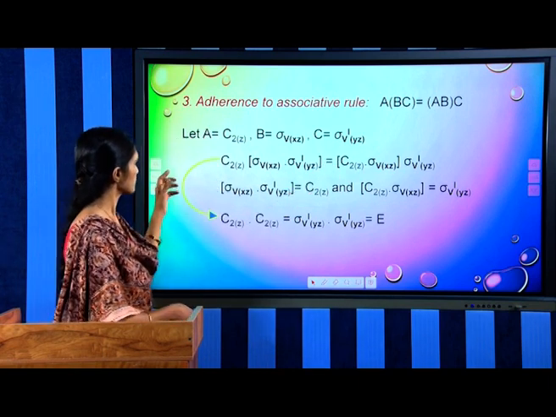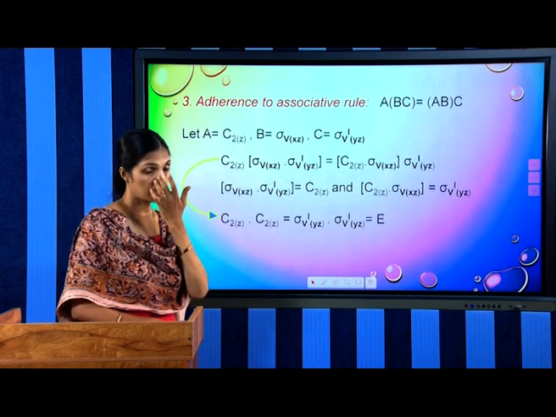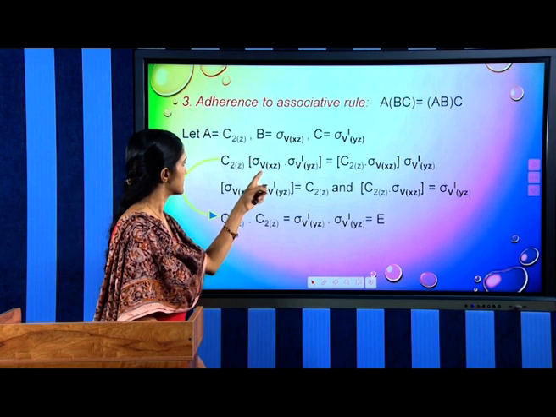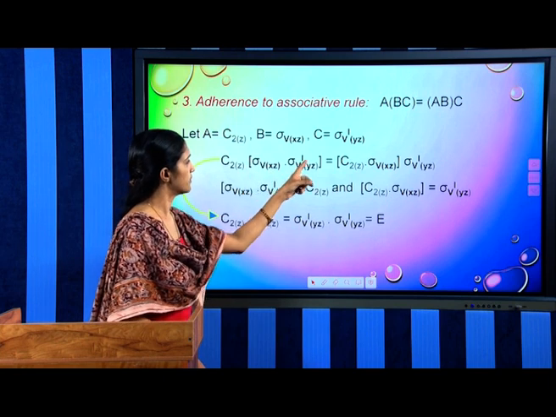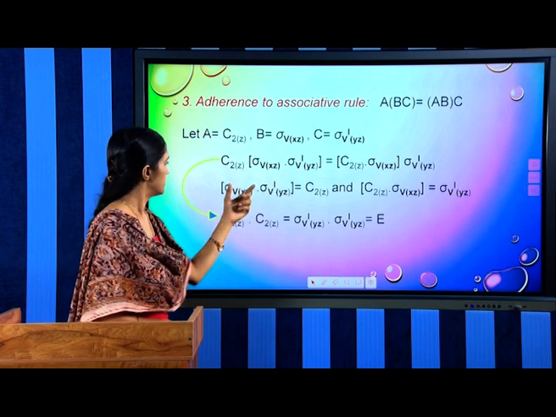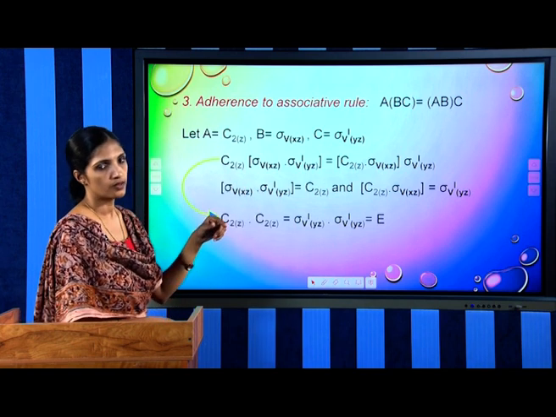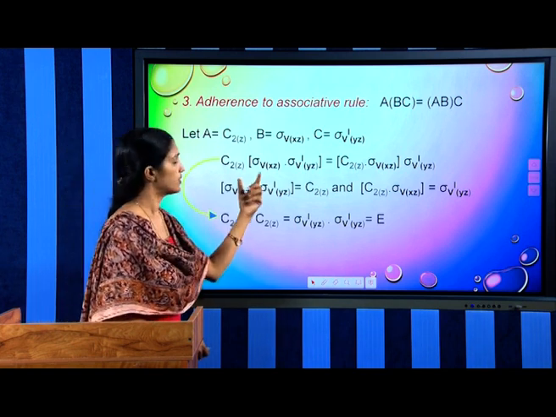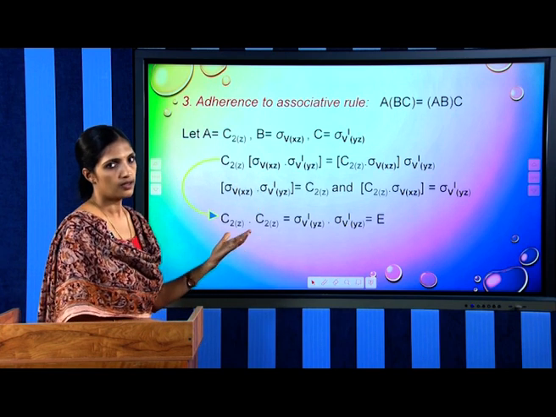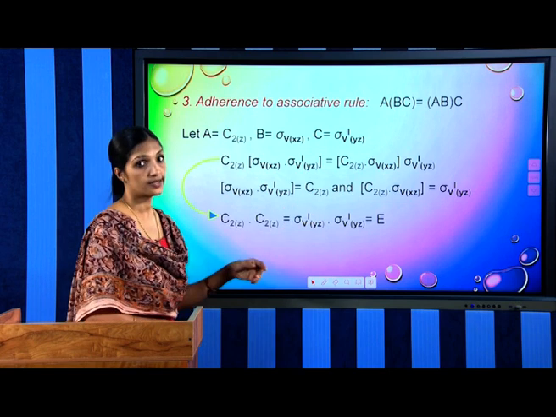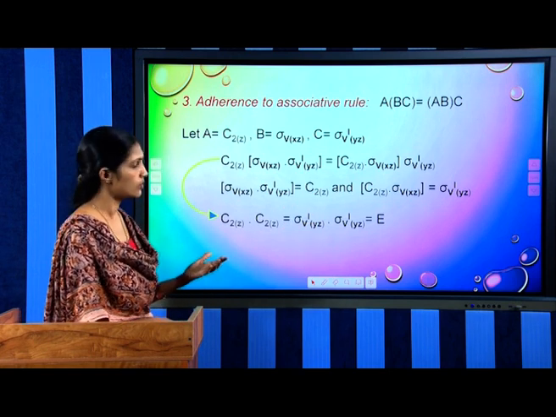Now, we know the closure rule. So, according to the closure rule, sigma v x z into sigma v dash y z will be another element of that group. So, only one element is there, that is C2z other than E in the case of a water molecule.